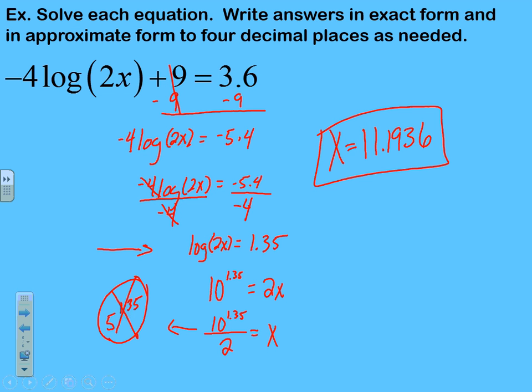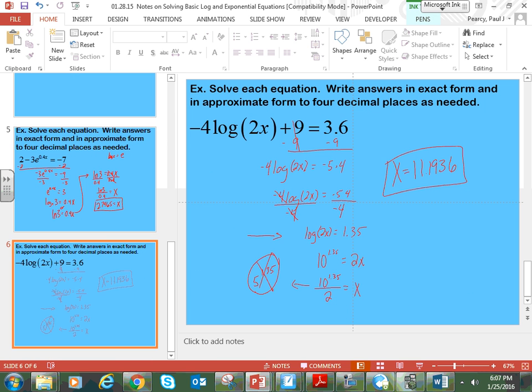The other thing that we might need to do is use our normal rules of opposite operations when it comes to solving for a variable. Isolate the term that has our variable in it, whether it's a log or an exponent, and then evaluate, do I need to convert it from one form to another to see if we can finally get our final answer for x. So that's pretty much it as far as the basic equations of logs and exponents.